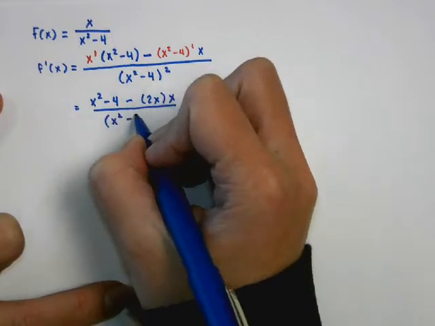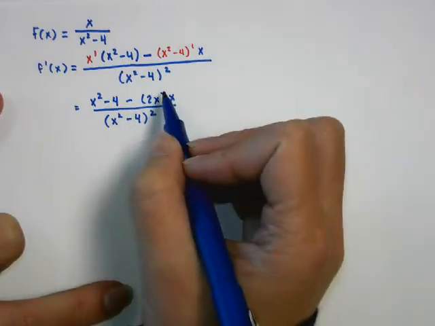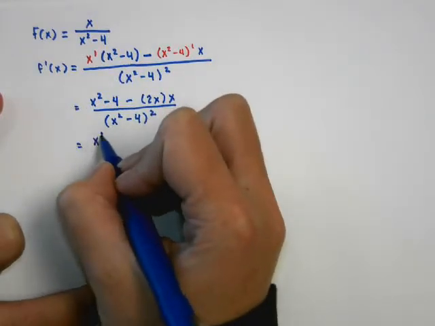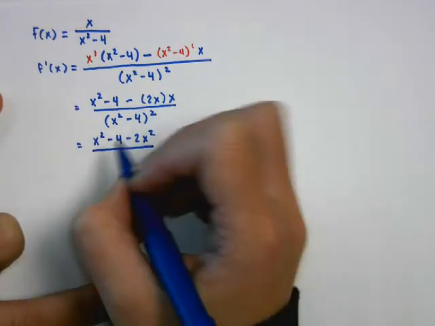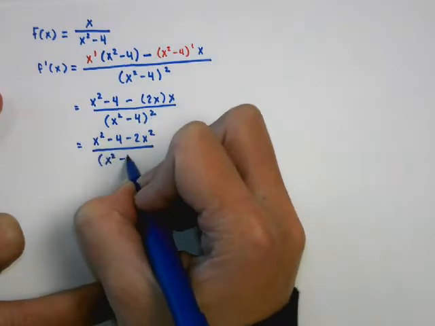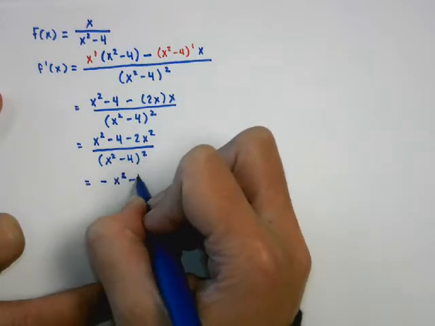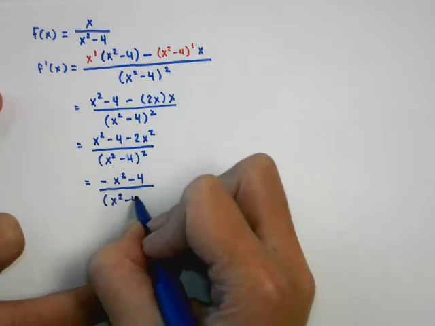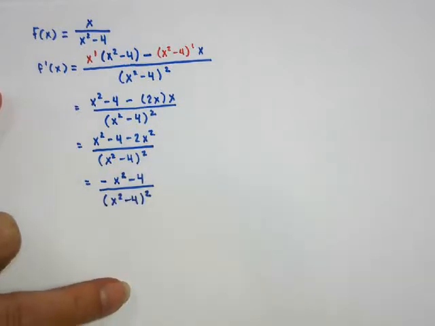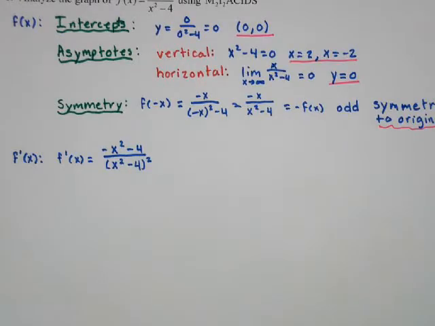It's going to be a 2x squared, so this ends up being a negative x squared minus 4 over x squared minus 4 squared. So we'll transfer that over to our other page. So for our first derivative, we found this: negative x squared minus 4 over x squared minus 4 squared.